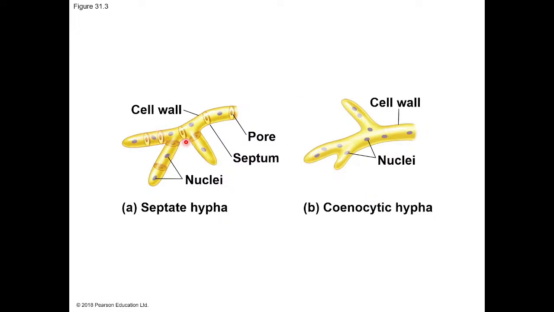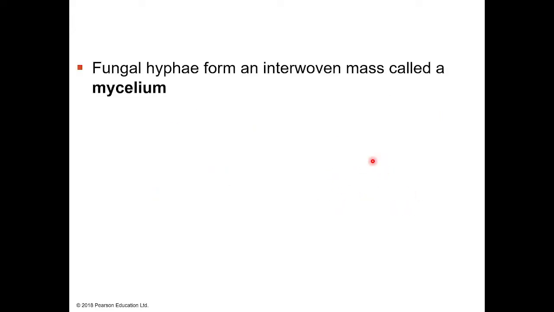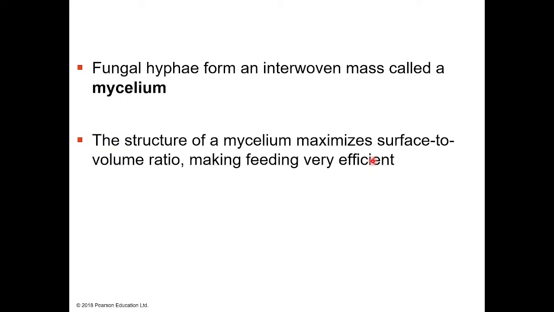So in some hyphae, cells are separated by structures called septum, singular septum, plural septa, and some of them lack the septum. Fungal hyphae form an interwoven mass called mycelium. The structure of a mycelium maximizes surface to volume ratio, making feeding very efficient.